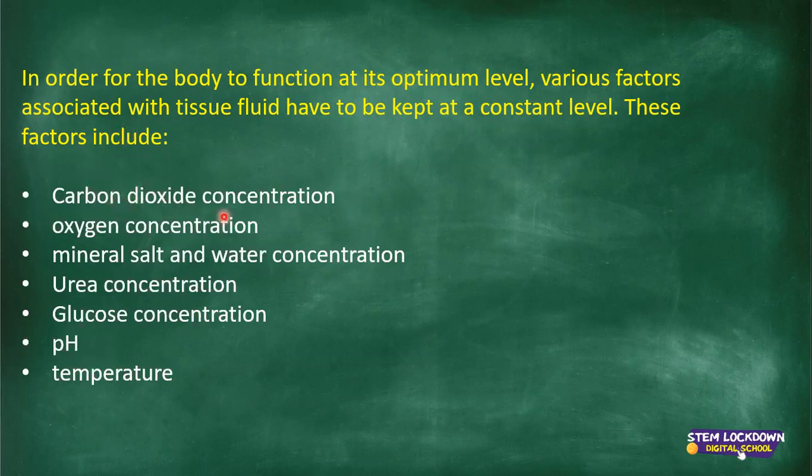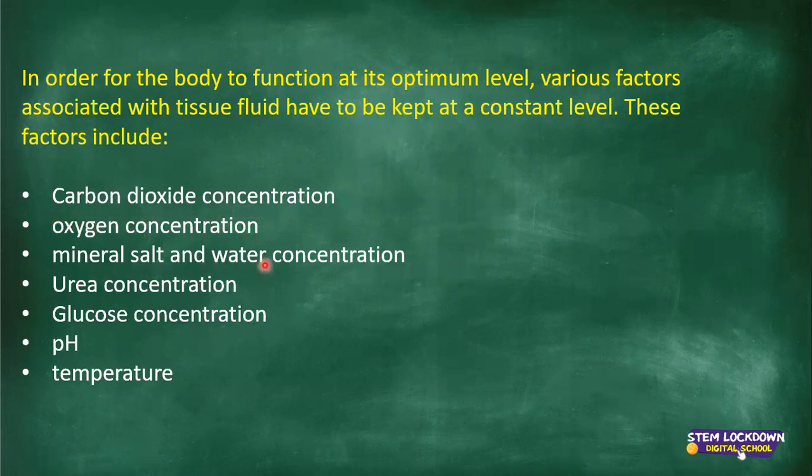If you have too much carbon dioxide concentration in your body, it won't be good for you. It could likely lead to death because it would affect your respiratory system, as well as the oxygen concentration. If you have too little oxygen concentration in your body, then your body can't function optimally.